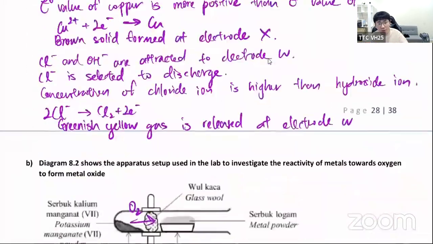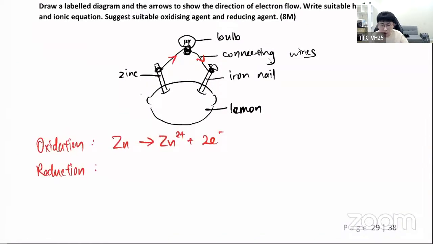Because the metal is usually just there to conduct electricity, just to take in the electron. But the one that actually gains the electron to form a reaction will be the solution. Will be the lemon. So you know, lemon is actually acid. And acid, all acid got what ion?